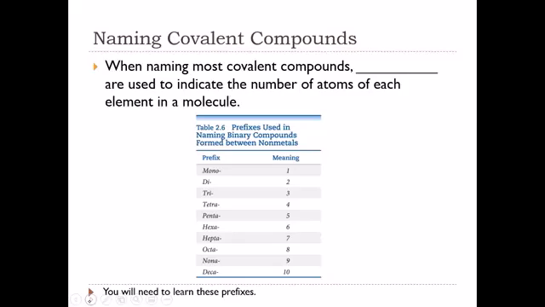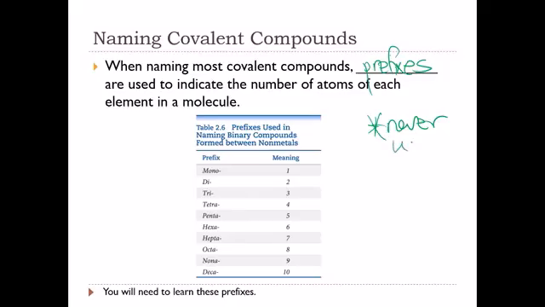So when naming most covalent compounds, prefixes, and you should know these prefixes, are used to indicate the number of atoms of each element in a molecule. We never used prefixes to tell how many atoms were in an ionic compound, so let's not start that now.